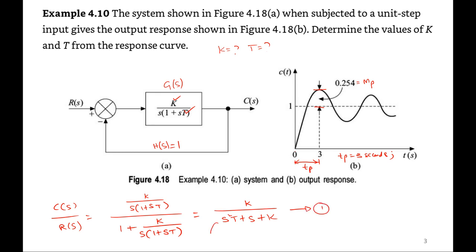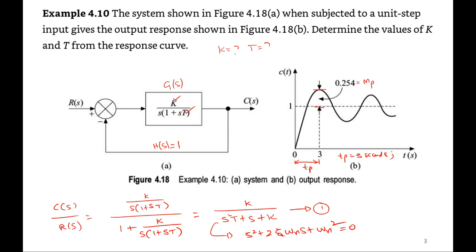Compare this denominator with the standard second order system equation, that is s square plus 2 zeta omega n s plus omega n square. You take the denominator equal to 0. So only compare the denominator.